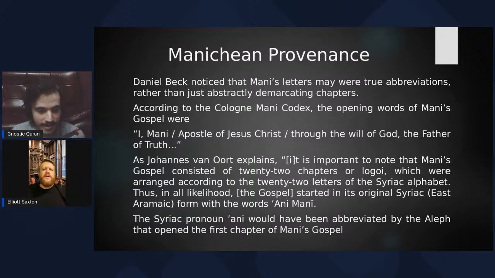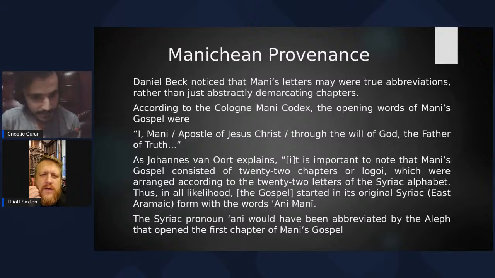So the Manichaean one, that's saying that within the Quran we're referencing different chapters in the Manichaean gospel. Yeah, maybe. And so that's basically my idea, that Aleph Lam Mim would be like the first chapter, Aleph, Lam.